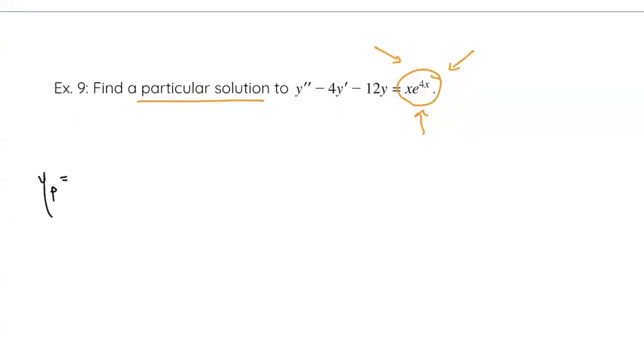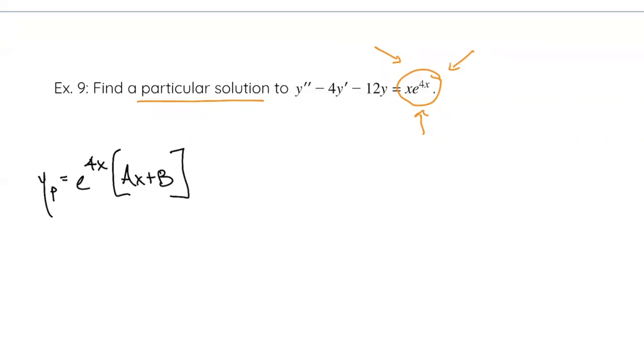We did one like this earlier where we had e to some power, but times a linear function. So a good guess for this one might be something like e to the 4x times the linear piece, ax plus b. You can distribute these if you want, because we're going to be taking a derivative, so you'll use product rule either way.